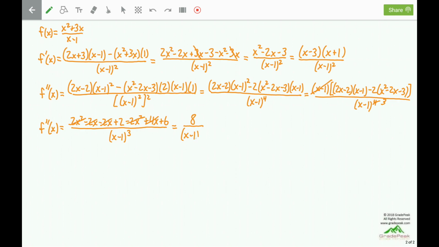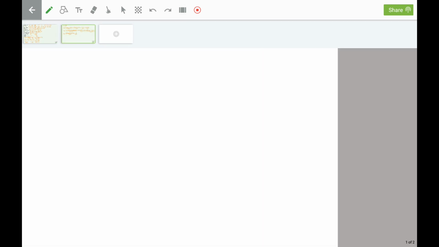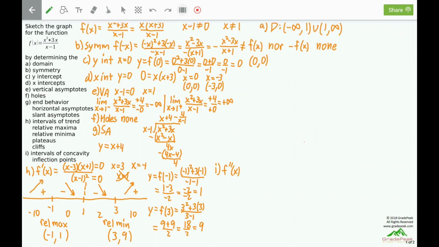And we will leave the denominator as is, because it is already factored into x minus 1 times itself 3 times. There's the version of the second derivative we're going to want. It came out to 8 divided by x minus 1 quantity cubed.